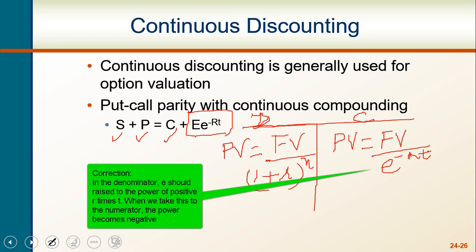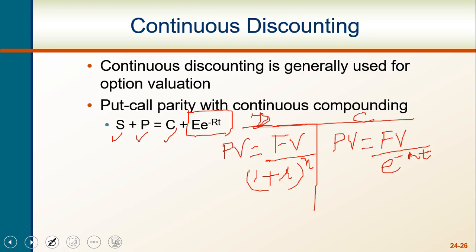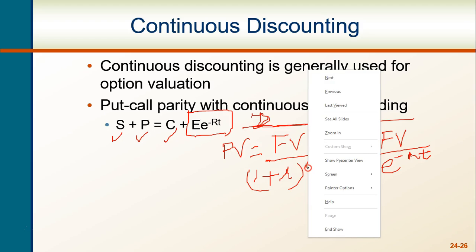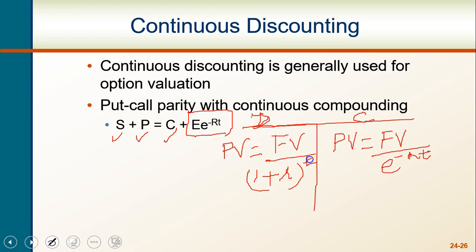In discrete discounting, we have 1 plus R raised to the power of T. Let me write T here for the sake of similarity, so that there is no confusion. So 1 plus R raised to the power of T is the denominator in the first case. In continuous discounting, you have the denominator e raised to the power of minus R times T, where e is the mathematical constant. And we can use our calculators, scientific or financial, to find out the value of e raised to the power of something.